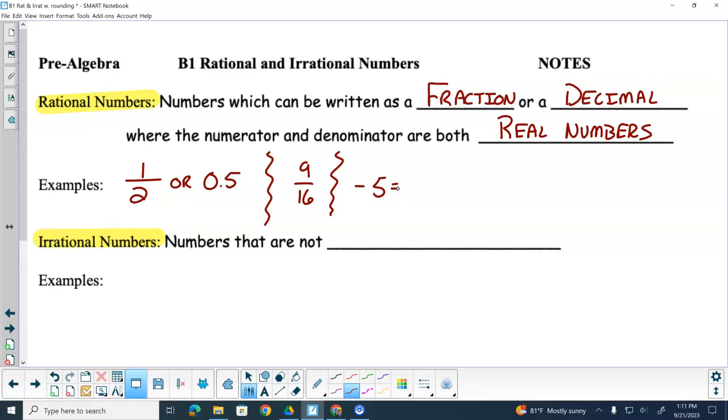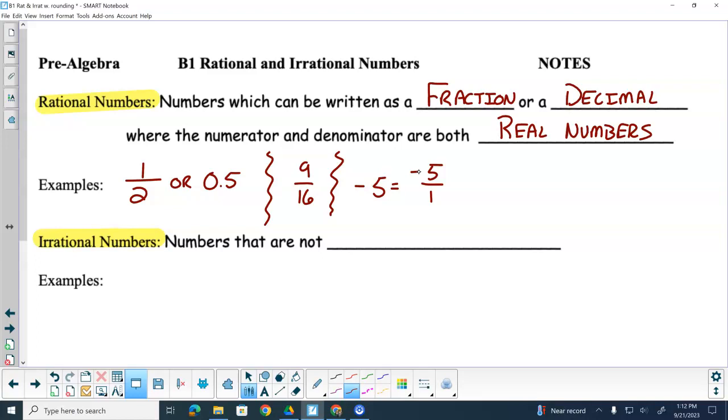Okay. Could we write this as 5 over 1? Can't we? No, the numerator doesn't have to be bigger than the denominator. Here was an example of a rational number where the numerator was smaller than the denominator. This is 100% legal.